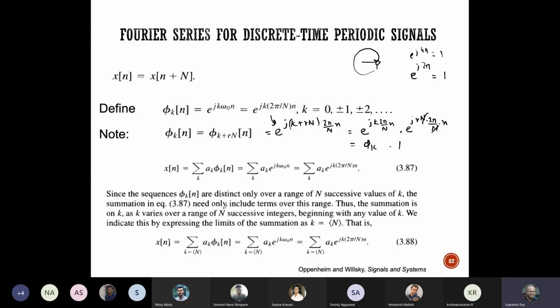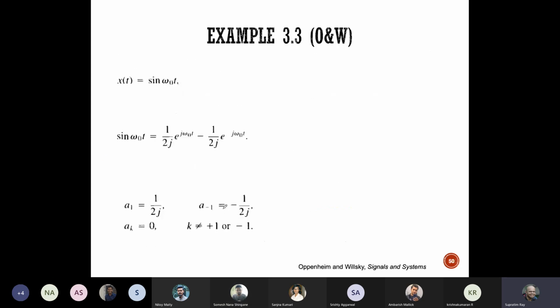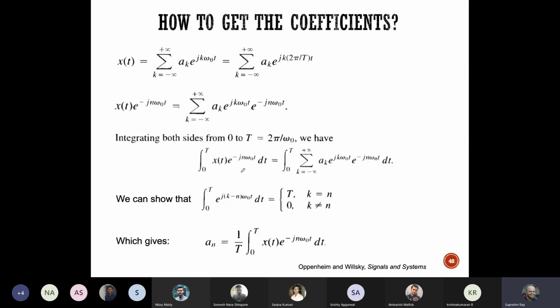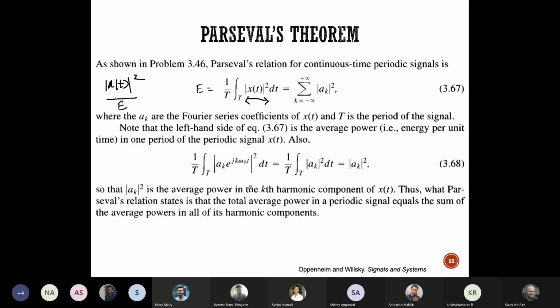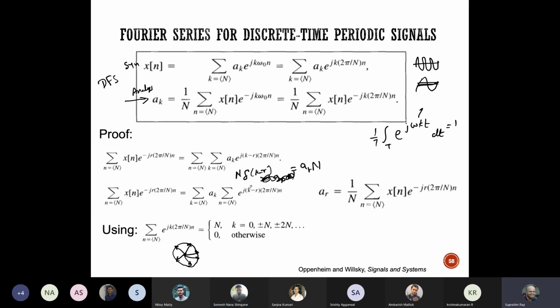It looks complicated, but this is exactly backtracking to this concept here. It's exactly this concept applied in the discrete domain. Okay, so this thing, the first one, using this formula here, is this okay? This is fine with everyone, right? When k is 0, then these are all ones. So you get N, the summation of N vectors.